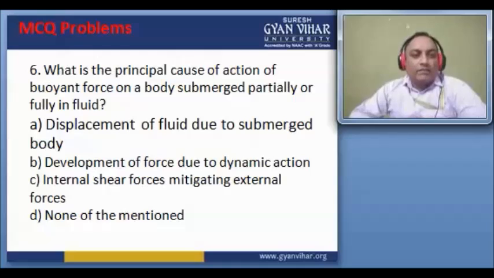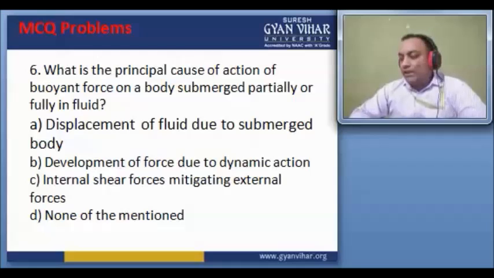What is the principal cause of action of buoyant force on a body submerged partially or fully in the fluid? The four answers given here: first option is displacement of fluid due to submerged body; development of force due to dynamic action; internal force, shear force, mitigating external forces; and none of the above.